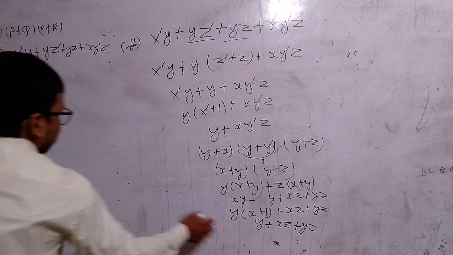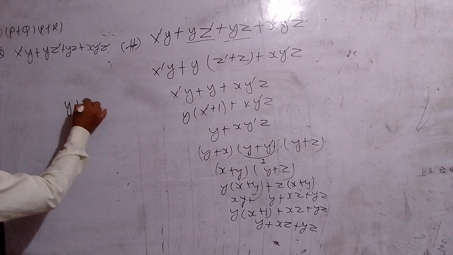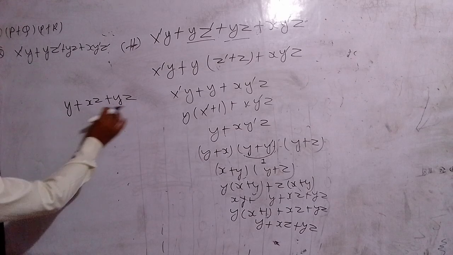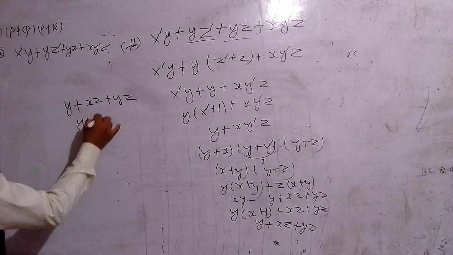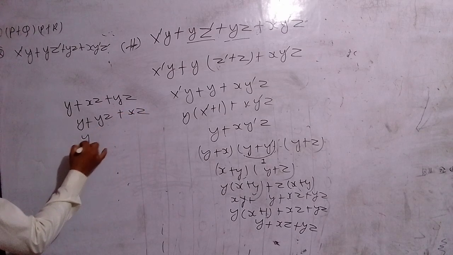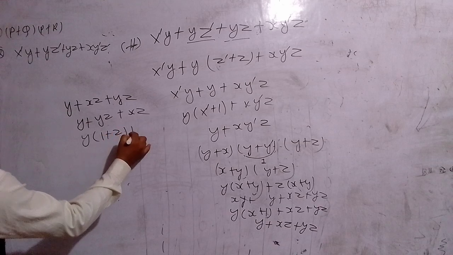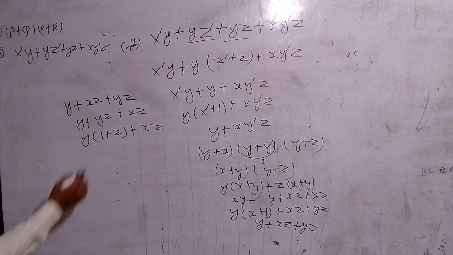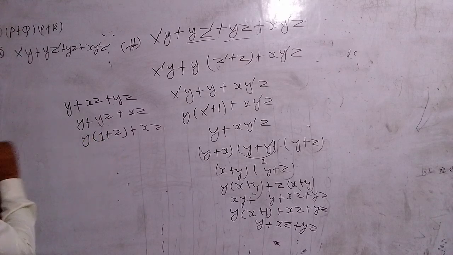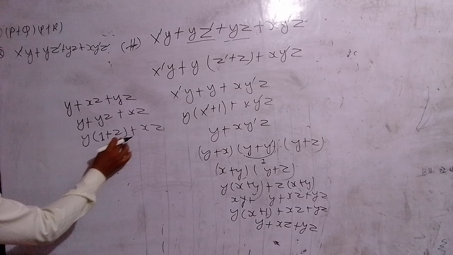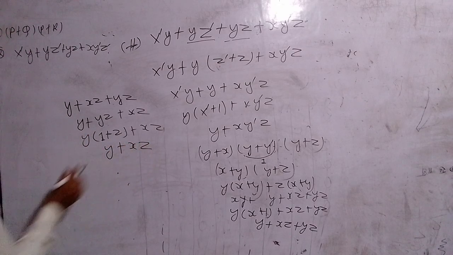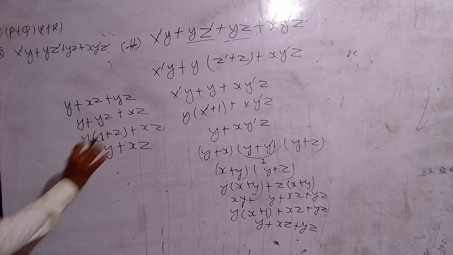Now let's write this expression: Y plus XZ plus YZ. Let's change the order: Y plus YZ plus XZ. Now we can take Y common from here also: Y times 1 plus Z, plus XZ. That means we have seen 1 plus Z gives 1, so we can replace this expression by 1. That gives 1 times Y plus XZ, and Y times 1 equals Y, plus XZ.